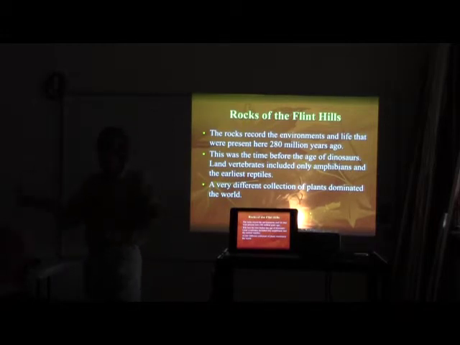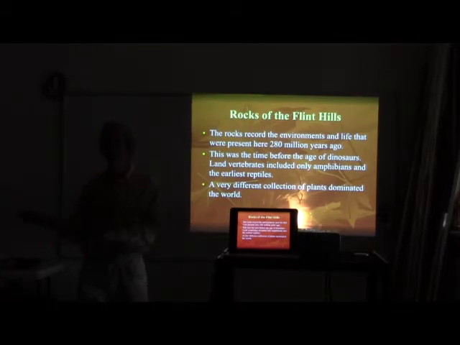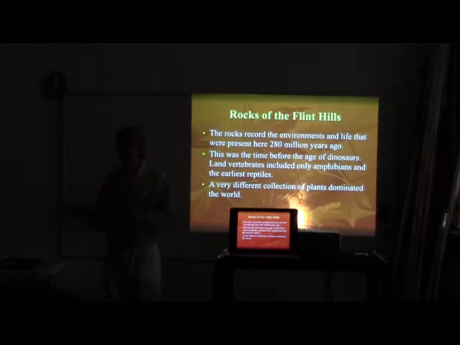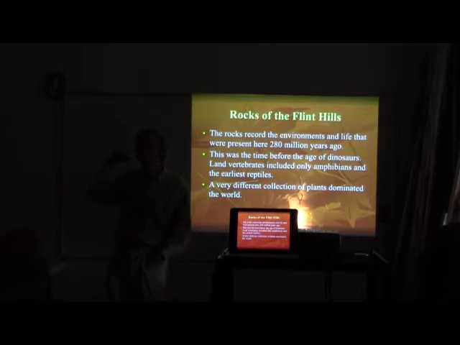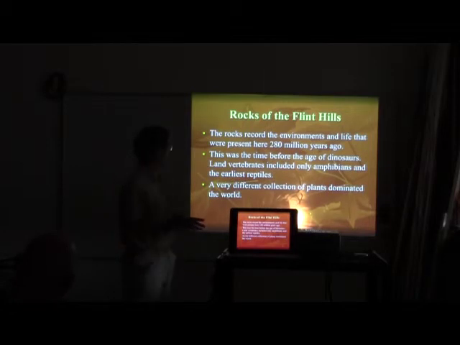Virtually every kind of plant that you see now, out in the prairie or in your backyard, did not exist. Completely different set of plants. Flowering plants did not appear until the Cretaceous, which is much later. No flowers, no nuts, no fruits, nothing. None of those plants existed at this time. So vegetation was very, very different.